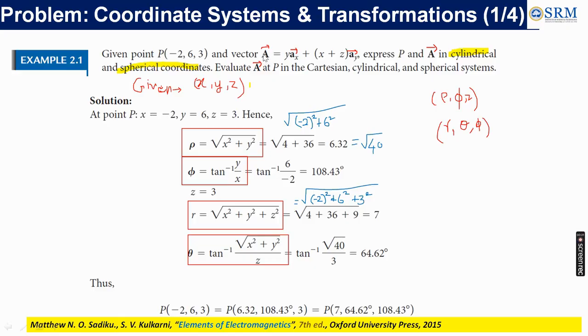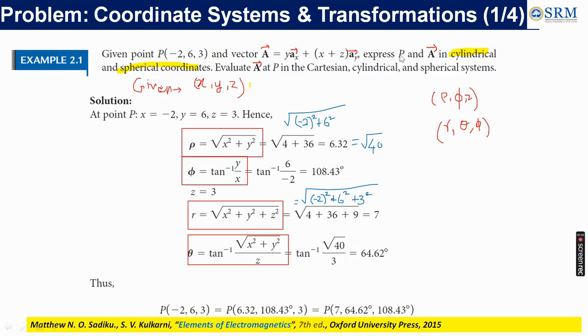and a vector in Cartesian coordinates, in terms of Ax into x cap plus Ay into y cap, is mentioned. Our task is to find the point P and the vector A in the other two coordinates.